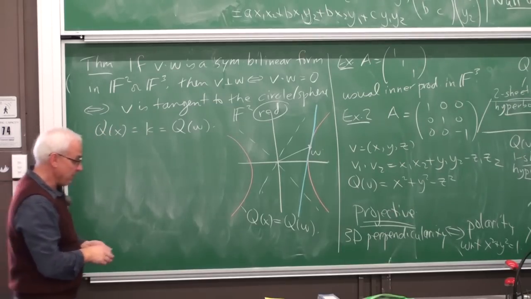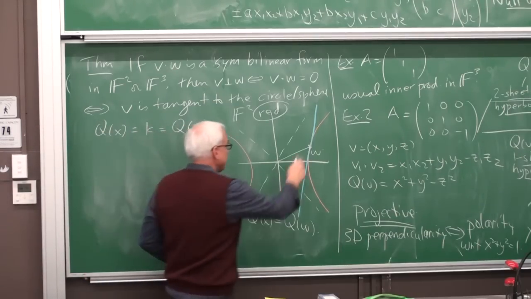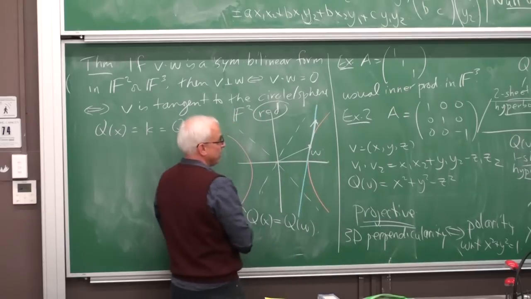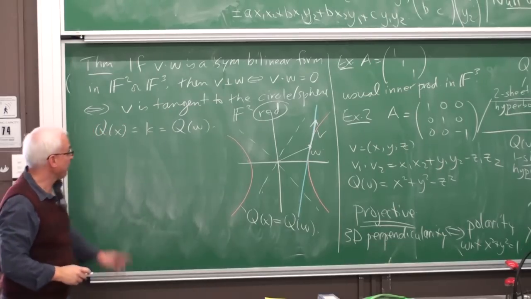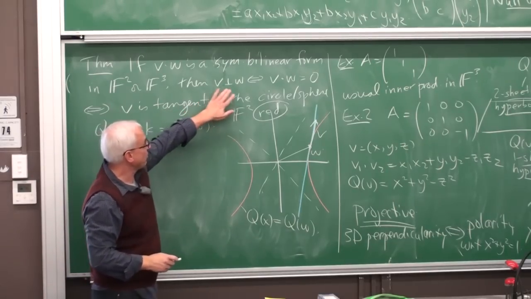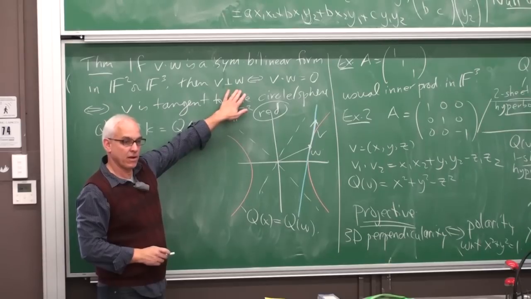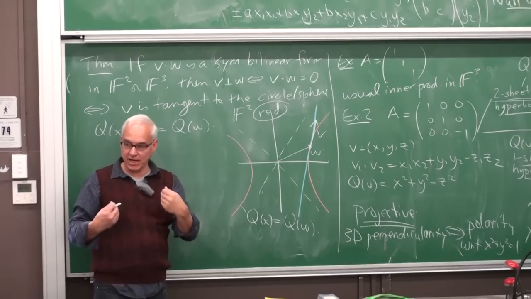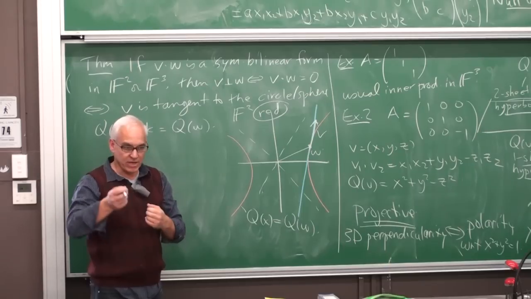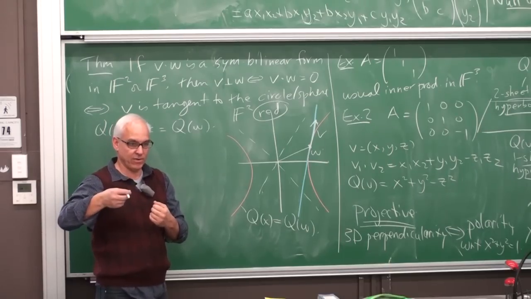And what we're saying is that any vector which lies in this tangent line, say V, is characterized by this perpendicular property. So you can think about perpendicularity as being perpendicular to circles.